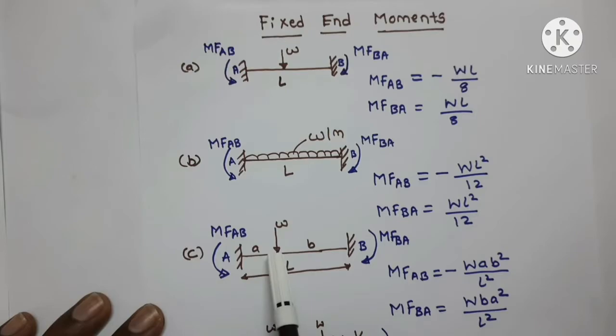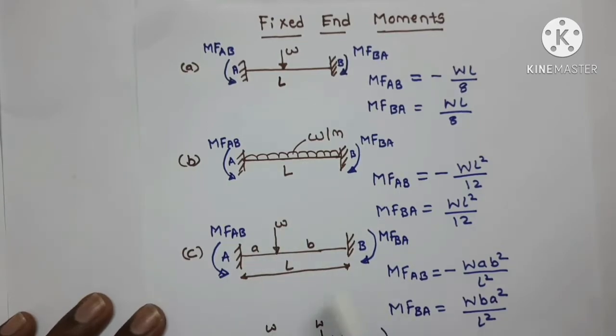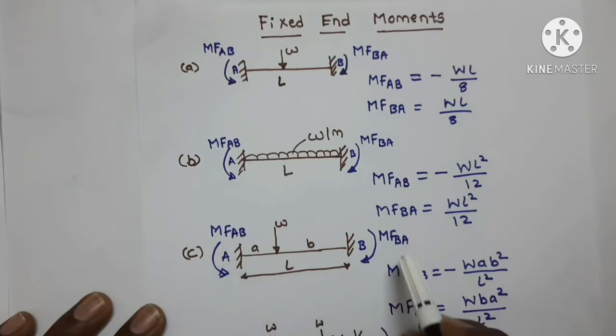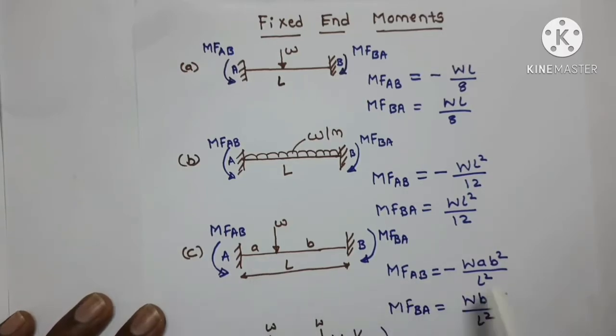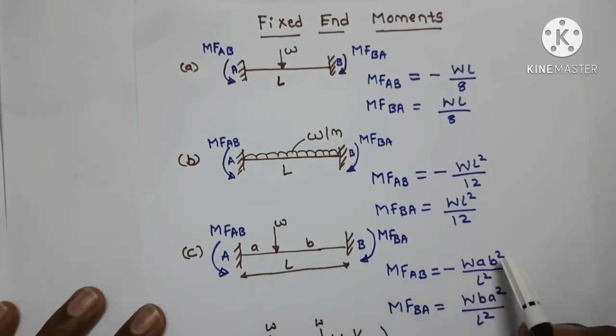If you see, the distances A and B are given, the load is given, and the total span is L. If you want to calculate the fixed end moments at this joint, MFAB and MFBA, I will write like this: fixed end moment MFAB is equal to minus, as it is anti-clockwise, W A B square, so I have to mention A B square divided by L square.